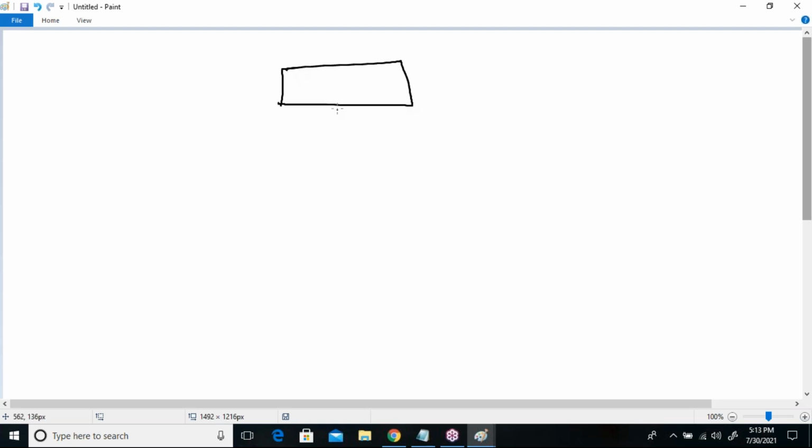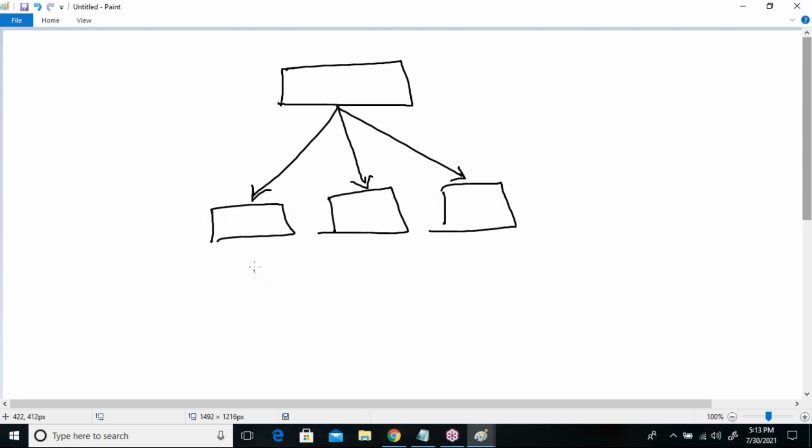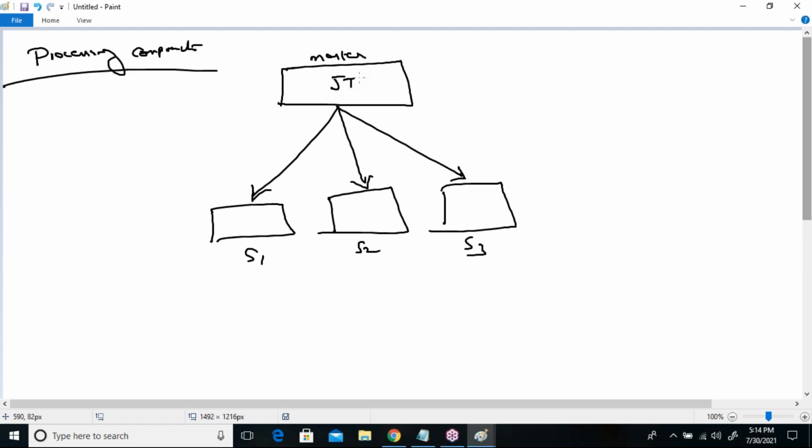Okay, this is my master. These are my slaves: S1, S2, S3. Slave 1, slave 2, and slave 3. Here is the master node, and these are slave nodes. So for the processing components, within the master node we have got job tracker.